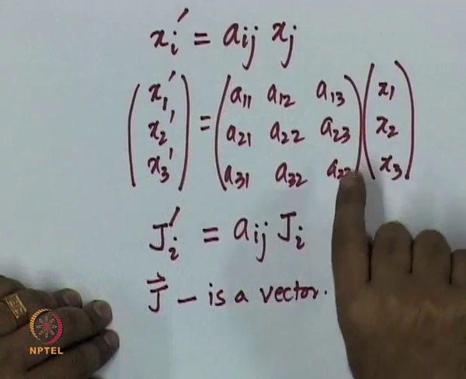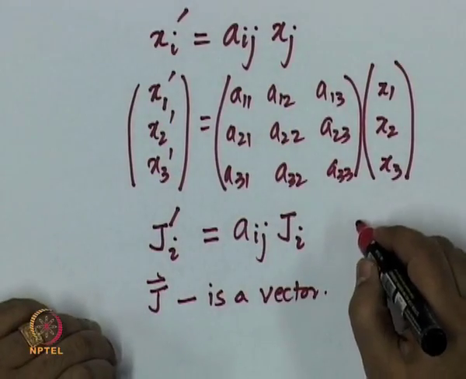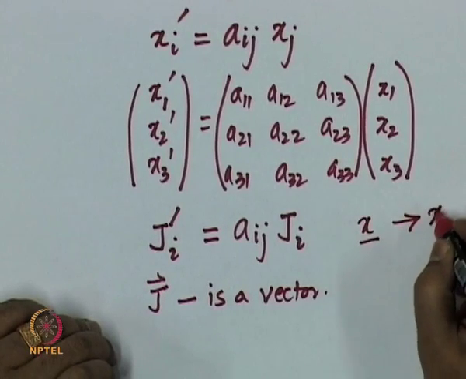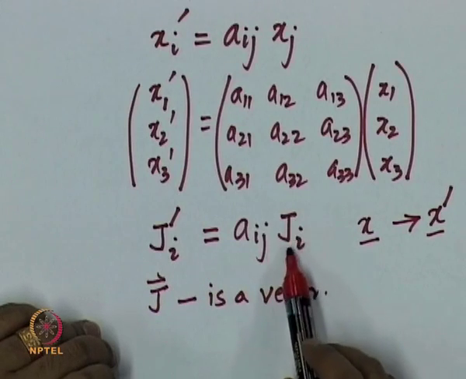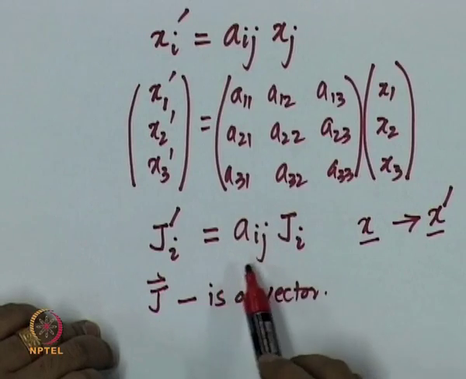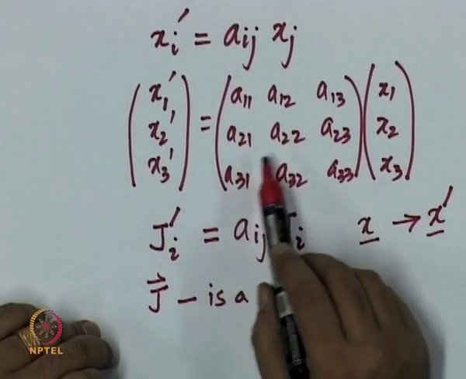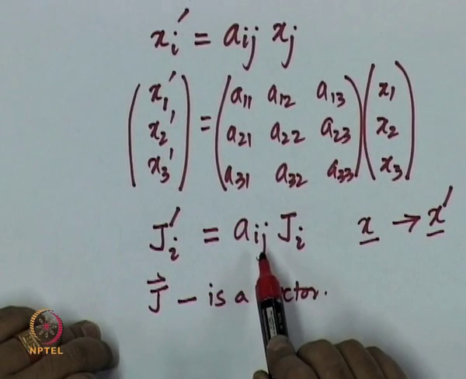So, this is another definition of a vector. A vector is a quantity which transforms under a frame of reference change in a particular fashion. Namely, if I change the frame of reference from some x to some x prime, then the components change according to j i and j i prime related through a ij, where a ij is the transformation matrix which is consisting of the direction cosines between i prime direction and jth direction.